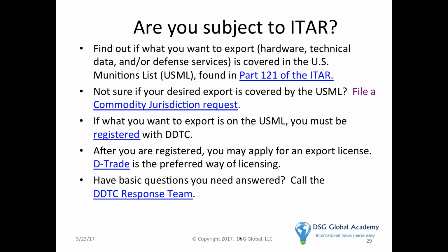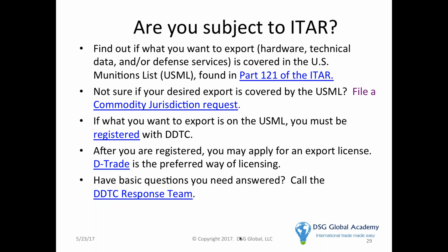And you need to first determine if the products you're shipping fall under ITAR. Usually it's hardware, technical data, and defense services that are specifically mentioned in the US Munitions List. Many times my customers are not sure because their products may have a civilian use, but they could also be used for the military. So the question is, was it designed specifically for the military?